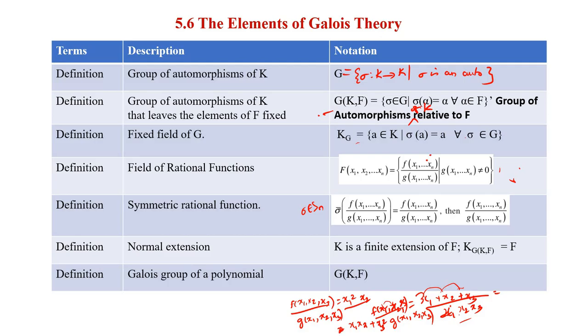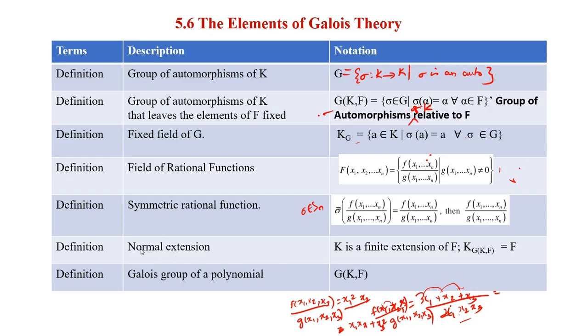When you interchange x1 and x2, this becomes x2 square x1. So in the numerator itself we have different functions, so there is no need to check the denominator. When the numerator itself changes, there is no need to talk about any change in the denominator. So they are not called symmetric rational functions. Only those functions which are left as such by any permutation sigma are called symmetric rational functions.